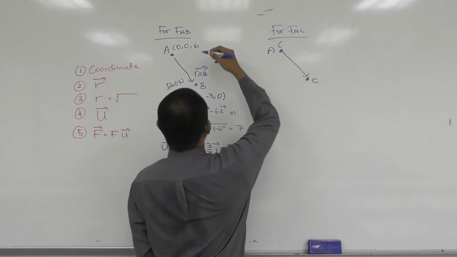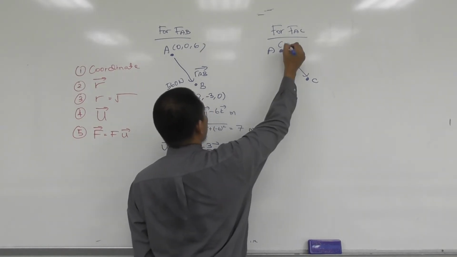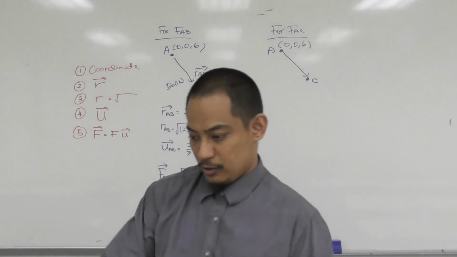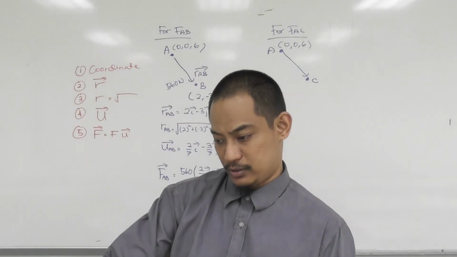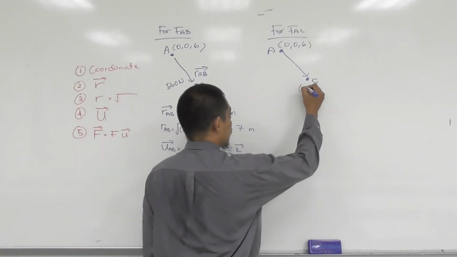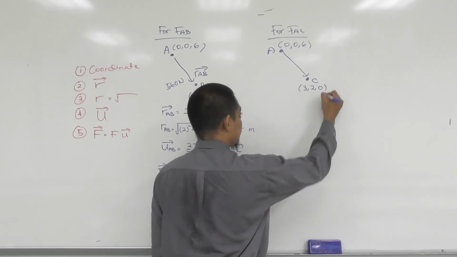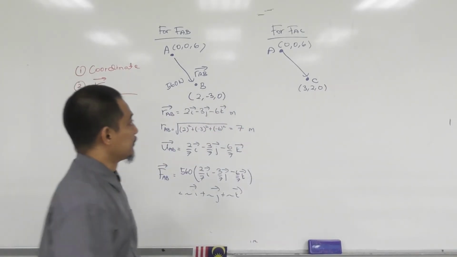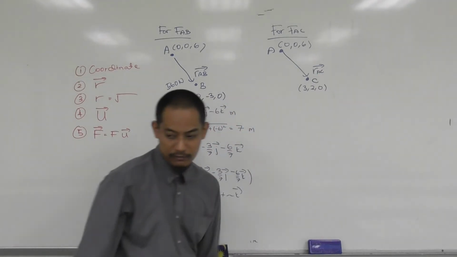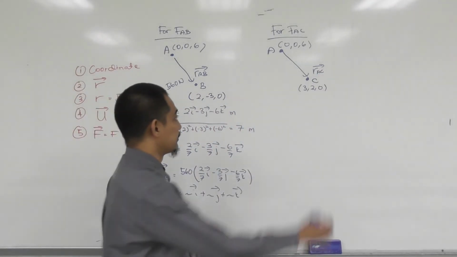Point A is the same, 0, 0, 6. Point C is 3, 2, 0. So what is RAC? And the force is given as 700.